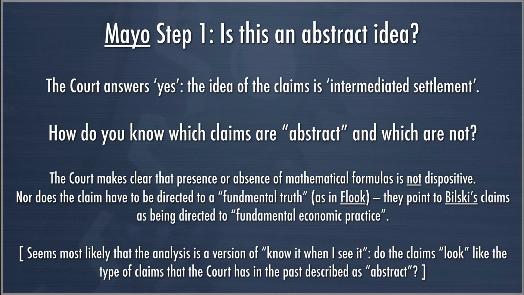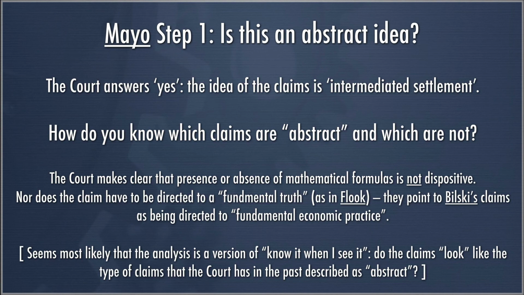I think what we can glean from the analysis here, to the extent there's much that you can, is that this is a version of "you know it when you see it." I think that what the court is doing here is using a combination of novelty type analysis. Do they think this claim seems like it's doing something new? And analogical reasoning to try and figure out whether it looks like the type of claims that have come before the court on the abstract ideas concept.